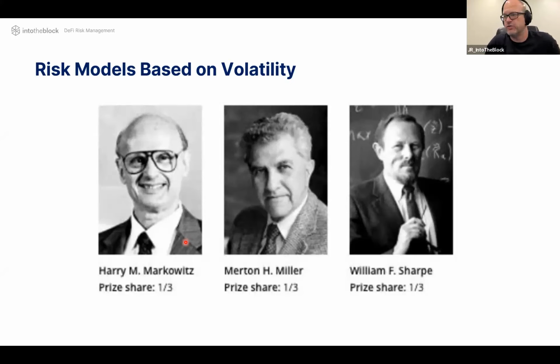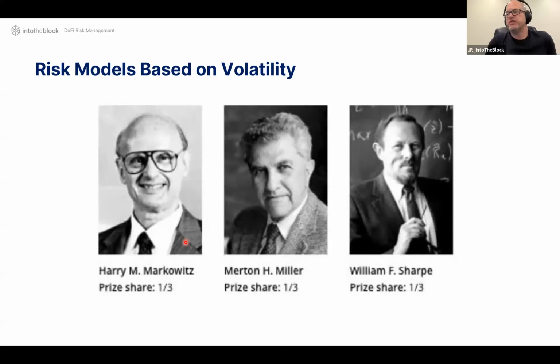to Harry Markowitz, Merton Miller, and William Sharpe for their combined work across different areas of risk, returns, and portfolios. In the 1950s, Harry Markowitz came up with the idea of portfolio theory that is still very much in use today.